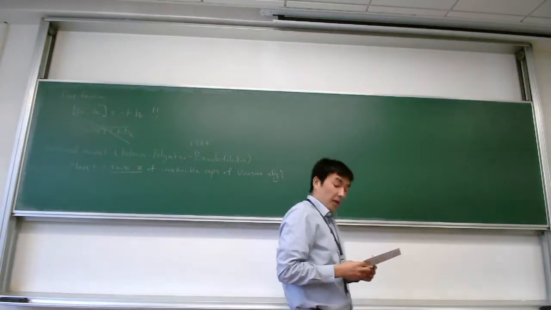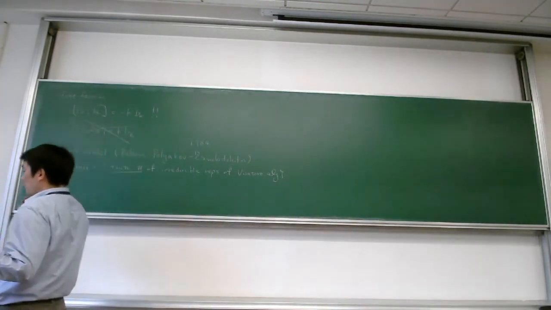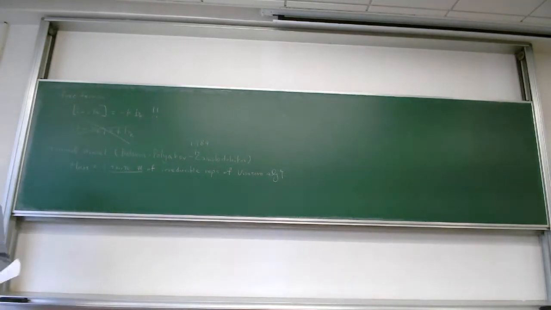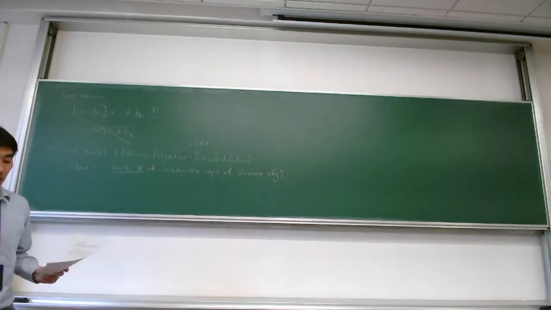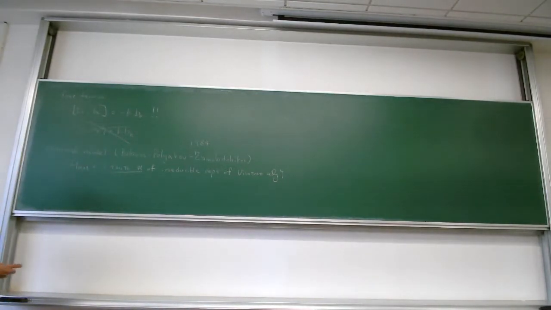Due to this finite number of irreducible representations, you can determine the correlation functions or spectrum exactly in this model. The ultimate goal of quantum field theory is to determine the correlation function or the spectrum of the Hilbert space exactly, and in this model you can do that.